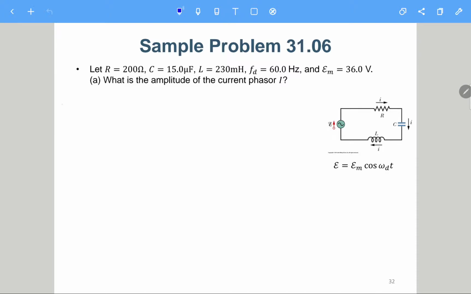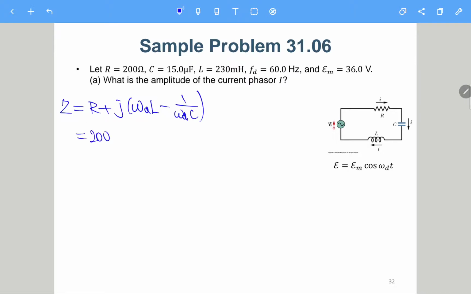So the current phasor I will be, let's say, we have Z to be R plus J omega d L minus 1 over omega d c, like this. So we can just plug in the numbers.